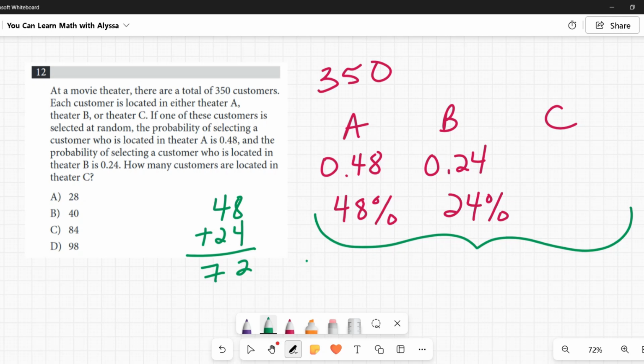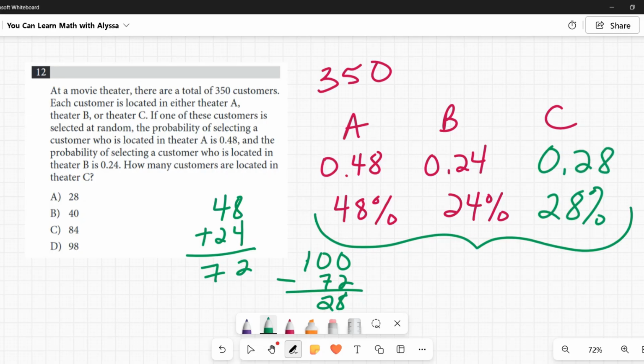So 72% of the customers are in theaters A and B. If 100% is the total, I'm going to subtract 72 from 100, and that is 28. So 28% of the customers, or 0.28, are in C. So how many actual customers are in C?